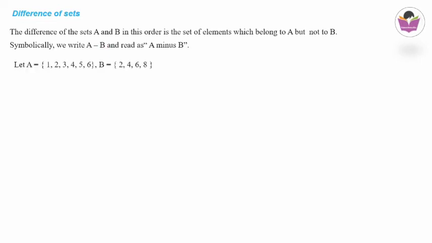Let's take an example. Let A be 1, 2, 3, 4, 5, 6 and B be 2, 4, 6, 8. As I said before, the order is very important here.